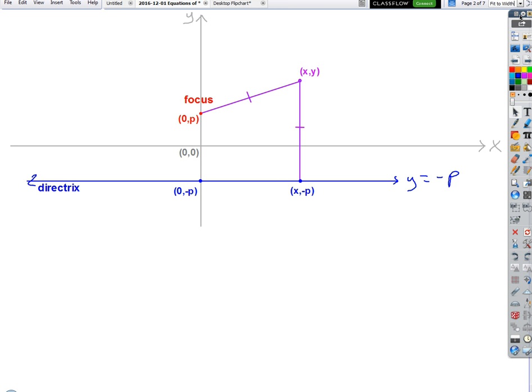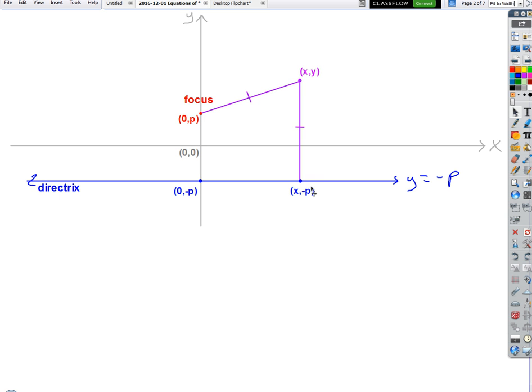If we go back to this picture, then that makes sense, right? Those are going to vary. So if the coordinates of a given point in this infinite set of points are X, Y, then that defines this point down here, the point that's vertically aligned on the directrix, as being over X and down P, right? Everybody agree? Okay. So how are we going to do this then? We're just going to go back to our basic definition of the locus.